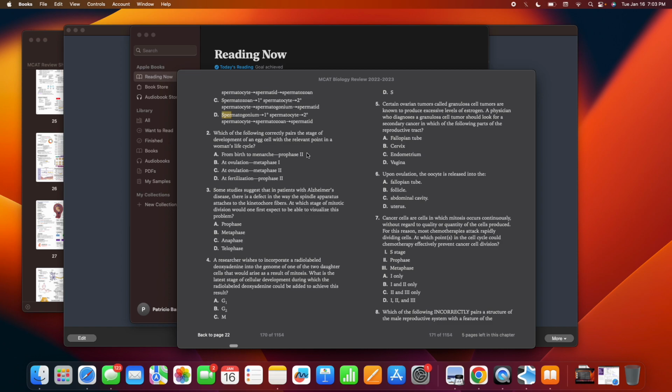From birth to menarche, which is the menstruation, it is prophase 2. The egg cell undergoes meiosis, which consists of 2 divisions, and in metaphase the chromosomes meet in the middle. Ovulation is when the egg is released.